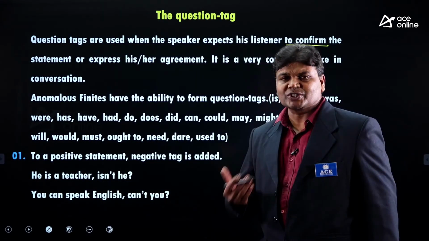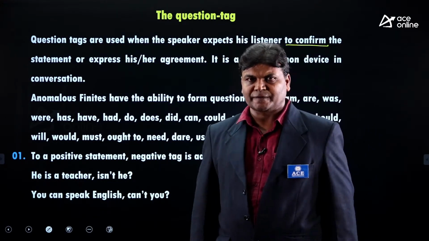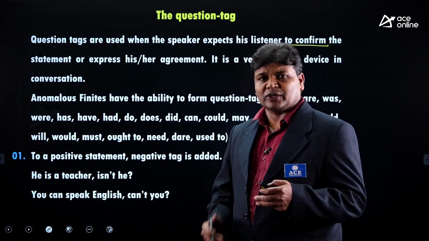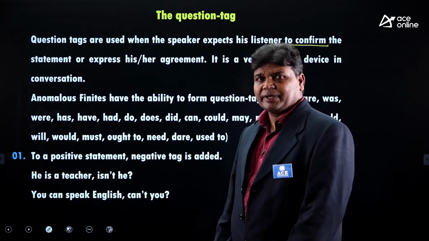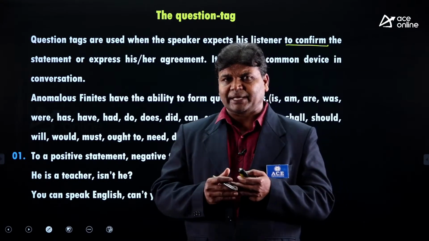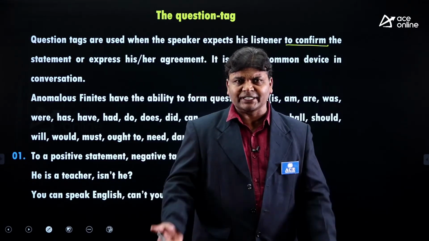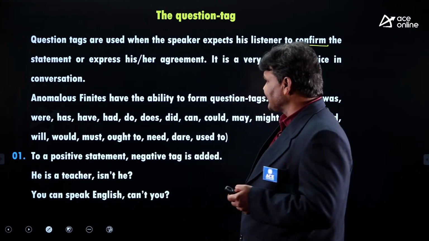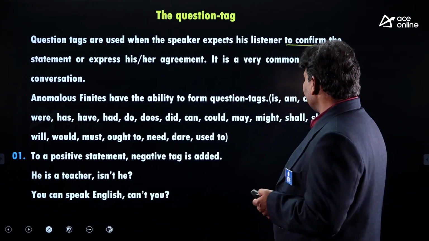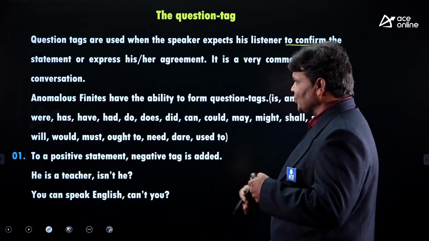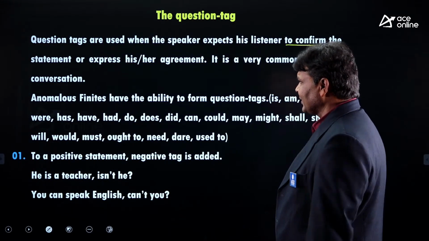There are various ways of raising questions: in the form of yes or no type questions, in the form of WH questions, and sometimes agreement or disagreement questions. So there are n number of ways of raising questions. It's a very common device in conversation, students, just to seek the approval of somebody.